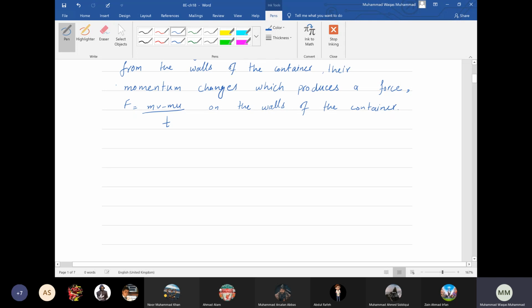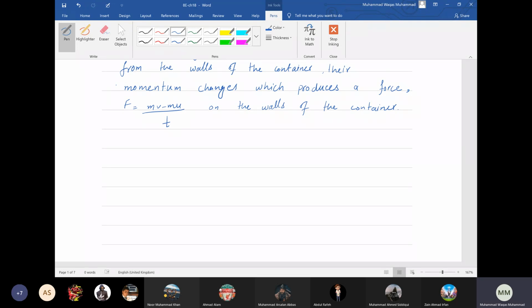Okay, beta. Any doubt or confusion? No, sir, no doubt, no confusion. Okay. Now beta, this force divided by the surface area of the container results in pressure.